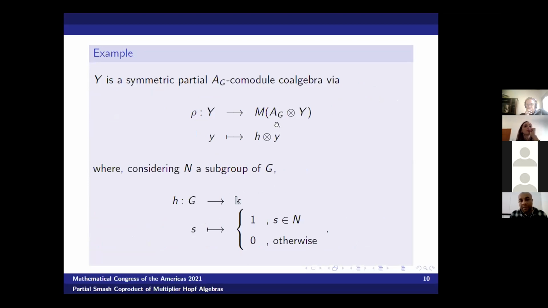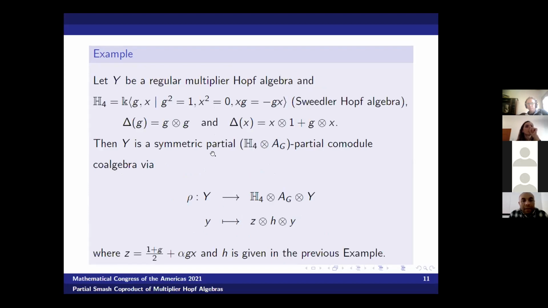Here we are just specifying the previous example using the driving example given by Van Daele. But here we are defining this map. This map lies in this algebra AG, and we have a specific example given by the previous one. Here we have a kind of mix of Hopf algebras and multiplier Hopf algebras.